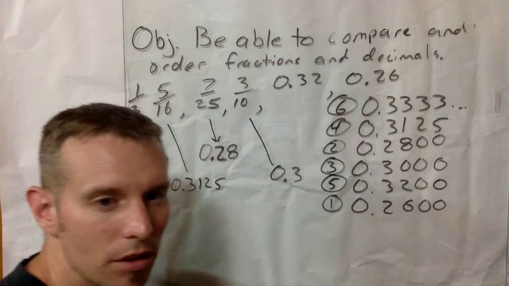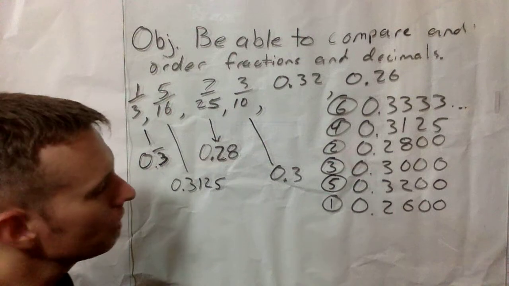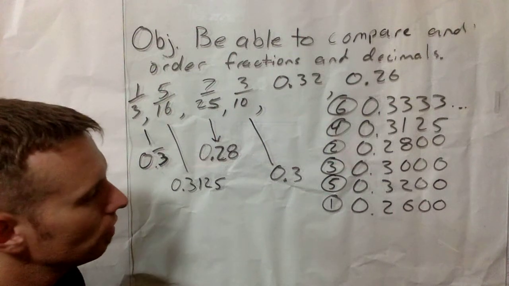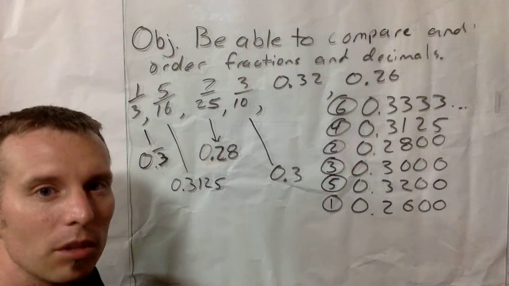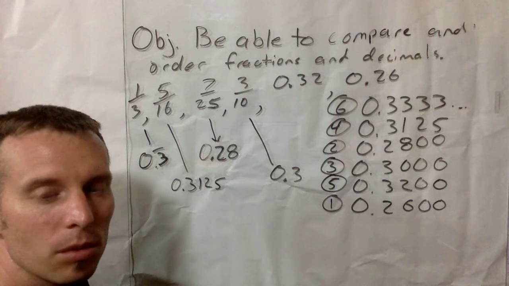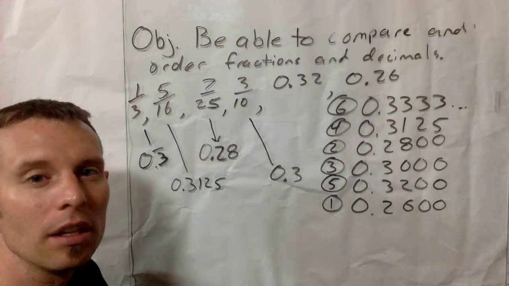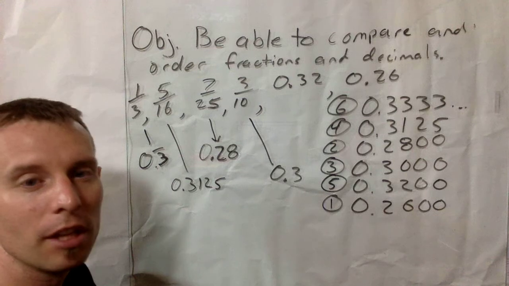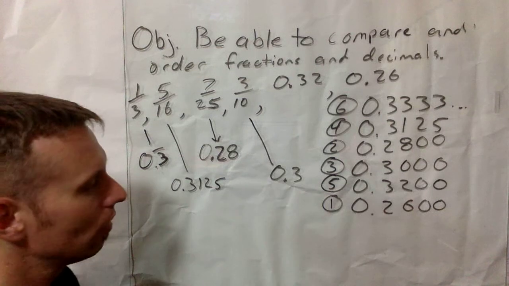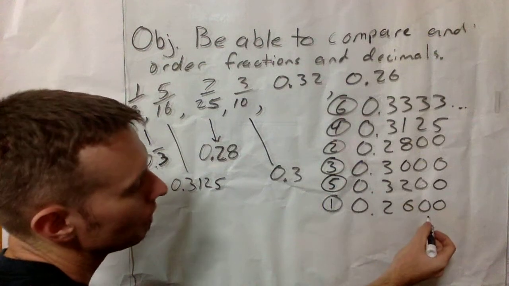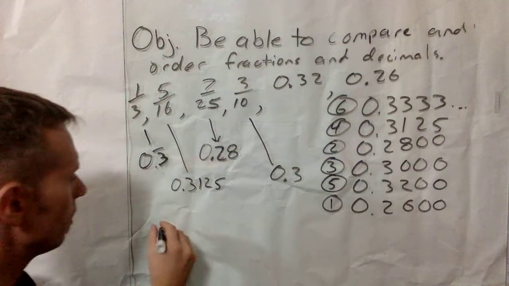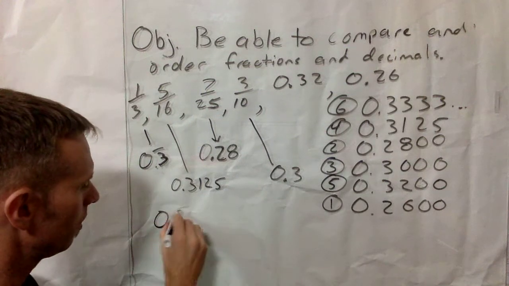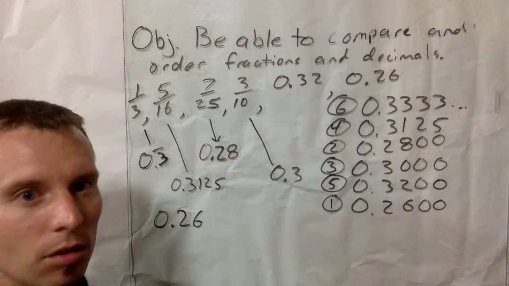Now, here's another tricky part, I guess. The next thing you want to do is, when you list these from least to greatest for your final answer, you want to put them back into the original form that they were given to you in. So 0.26 matched up with this number. It was already a decimal, so that's going to be my first number, 0.26.